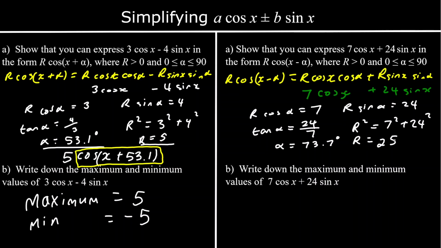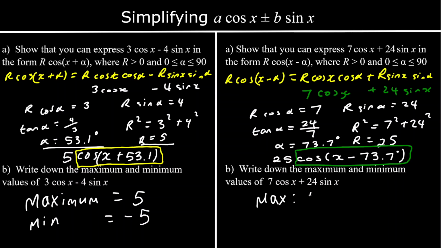It's 25. So 25 cos x minus 73.7 degrees. Write down the maximum and minimum. So again, the cos part can go between 1 and -1. Times it by 25. The maximum is 25 and the minimum is -25.